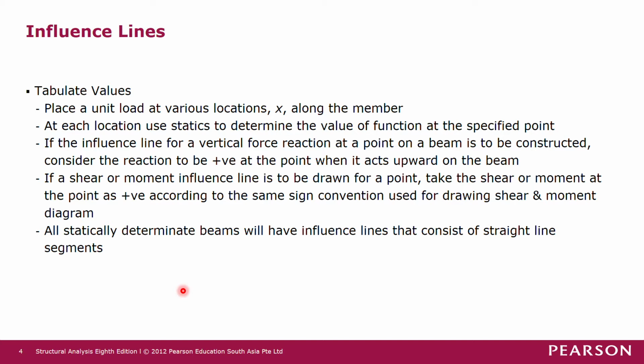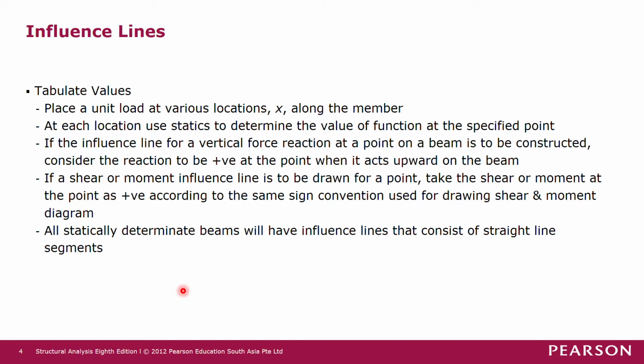So we choose probably 3 or 4 points on a beam along the length of the member, and then we put a unit load at each location to see what is happening to the reactions, to the shear force, and also to the moment at a specific location. At each location, use statics to determine the value of the function at the specified point.